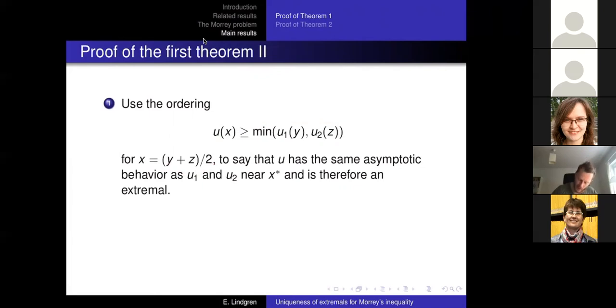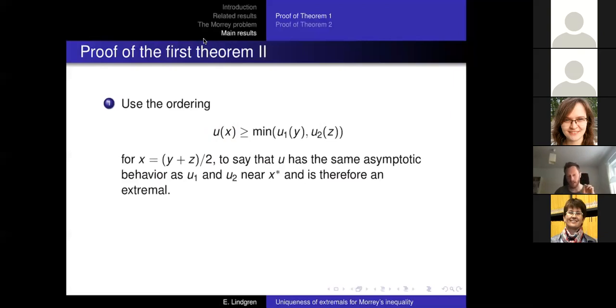Since U1 and U2 are extremals, we know that they have this exact behavior near their maximum points. So in fact, U inherits this behavior. And this forces U to be an extremal as well. But of course, you have to analyze this inequality and see that you get exactly this behavior. But this is the main idea, that U inherits this behavior from U1 and U2.